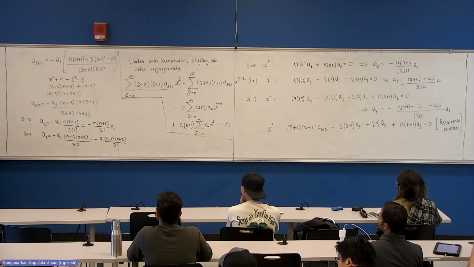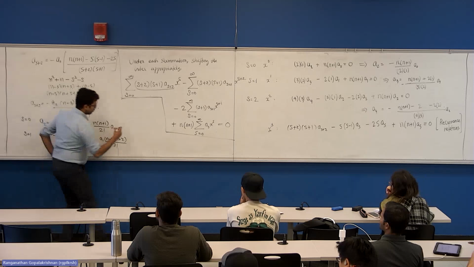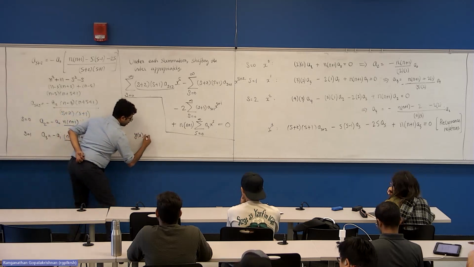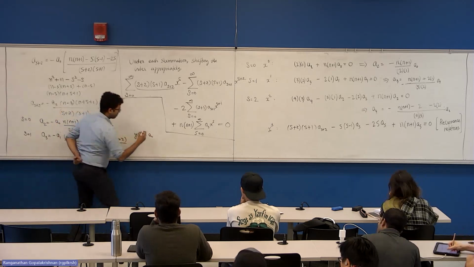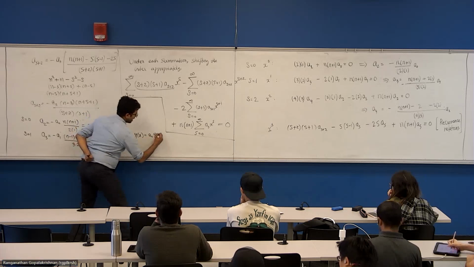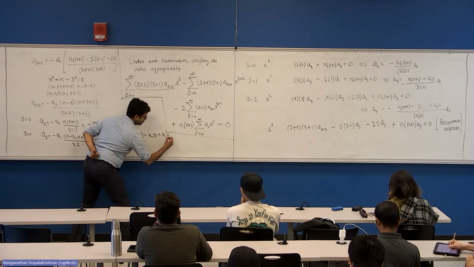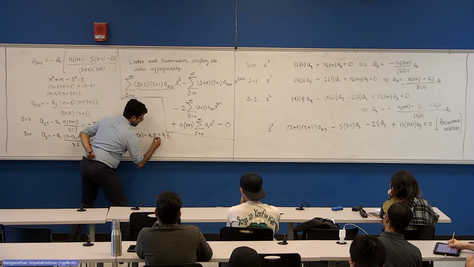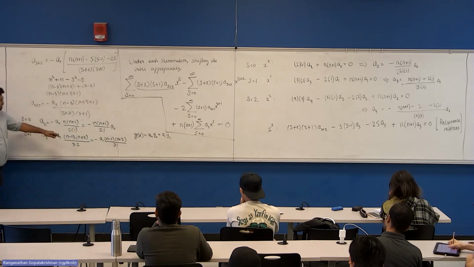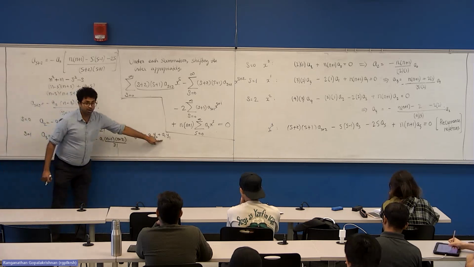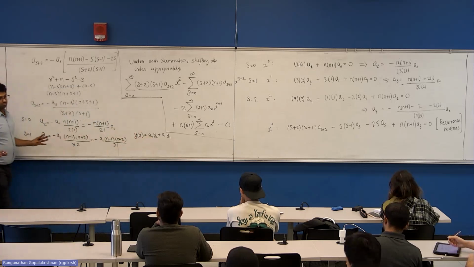So if we have to collect them as functions, you can write y of x equal to a naught multiplied by say function 1 and a1 multiplied by function 2. I'm sorry, a naught y naught plus a1 y1, because those two are the truly unknown constants. Everything else is known.